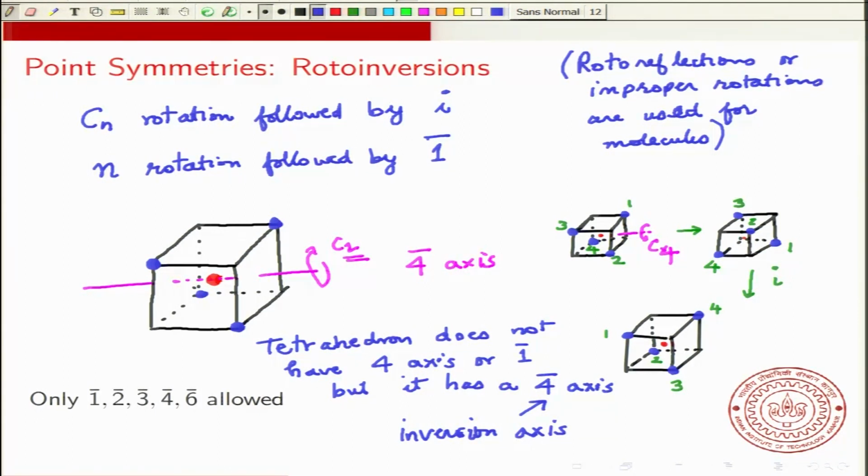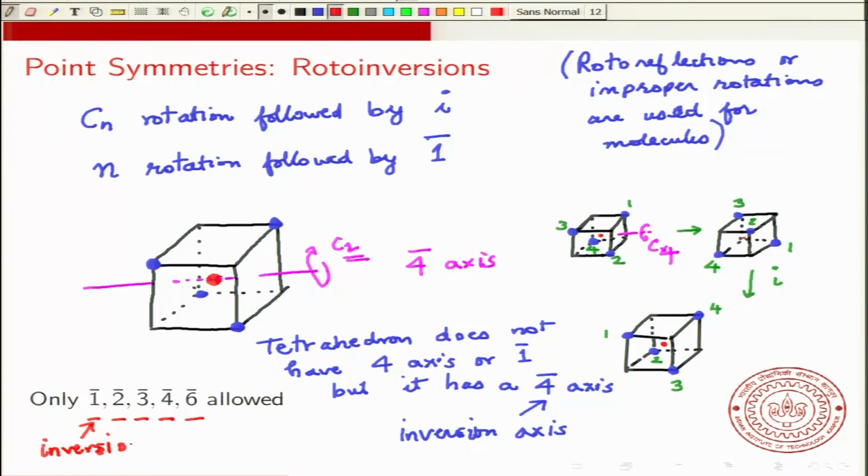Now, just as we saw in the case of rotations that only 2-fold, 3-fold, 4-fold and 6-fold rotations were allowed for crystals, similarly, the only inversion axes that are allowed are 1 bar, 2 bar, 3 bar, 4 bar and 6 bar. You do not have a 5 bar because pentagons do not fill space, and 1 bar is nothing but inversion without any rotation.